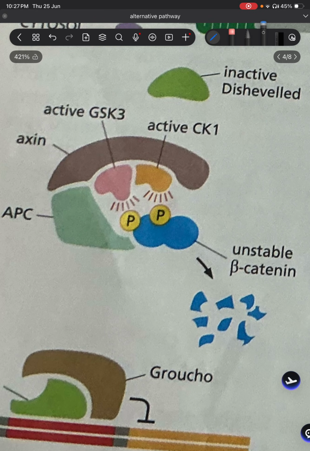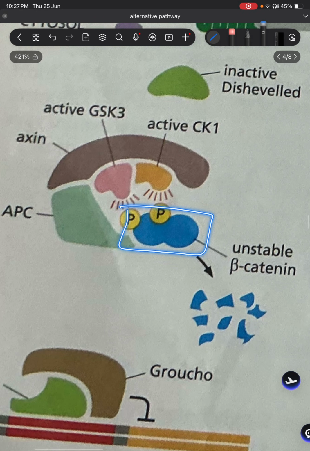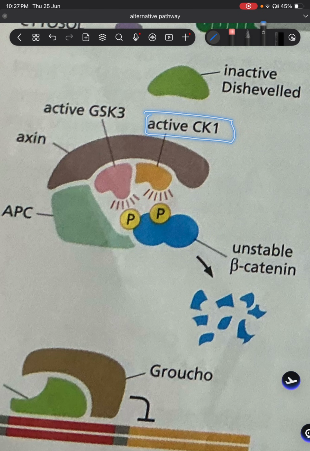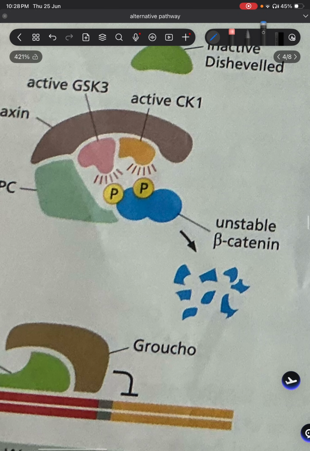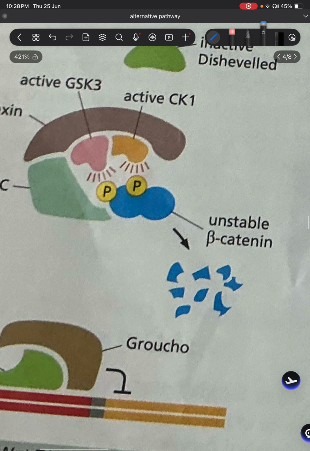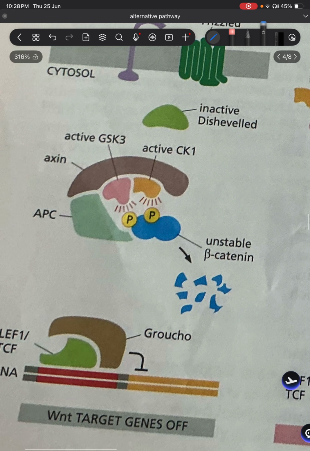So there is another part, which is this beta catenin. CSK1 is recruited, then GSK3 is recruited. So it phosphorylates, and once phosphorylation occurs, it moves it for degradation.